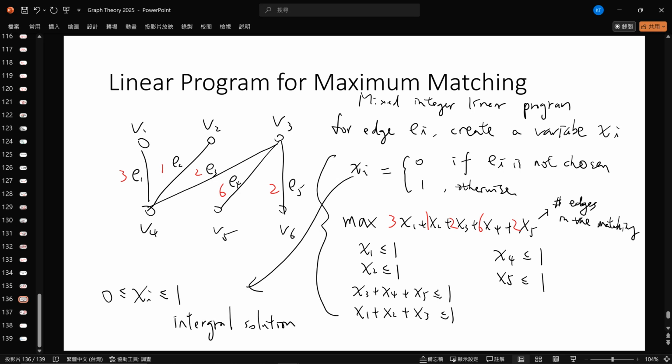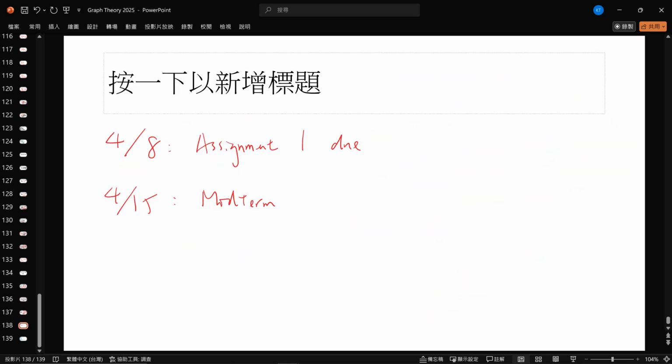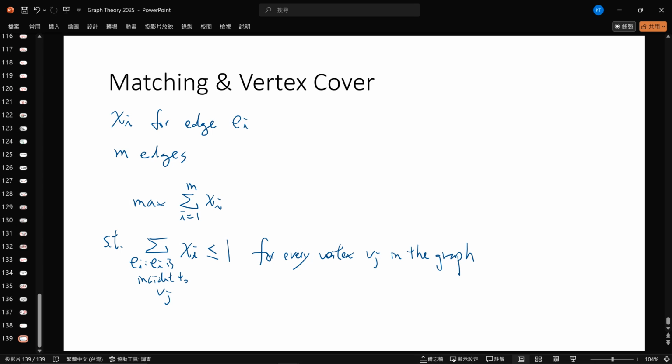For this one, this is a vertex that has 3 incident edges, so we have to consider all these 3 variables, and their sum should be at most 1. If the sum is at most 1, then we can choose at most one of its incident edges. Okay, so this is the primal problem.